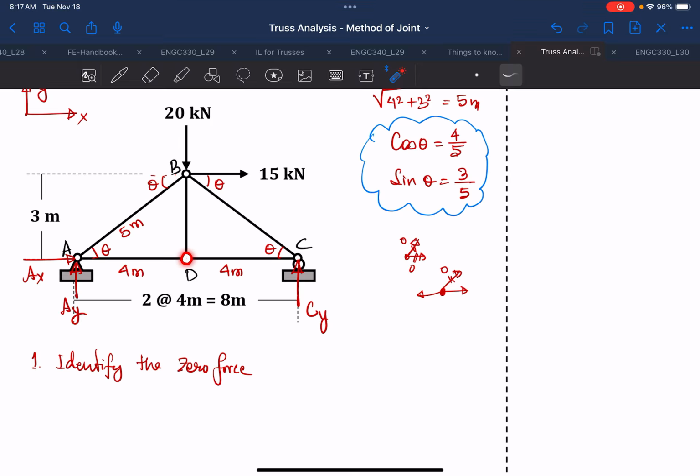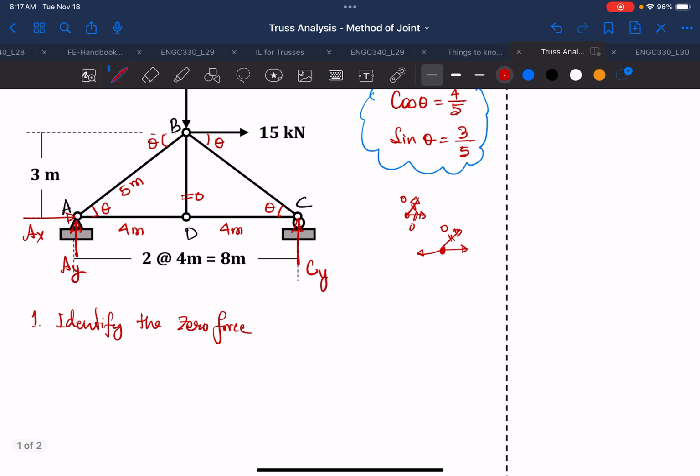However, at joint D we see that both of these forces are in a straight line. Because both of these are in a straight line, this one will be equal to 0. If you want to prove that they are 0, just pick joint D, and remember that the sign convention is always tension, so always point away from the joint.